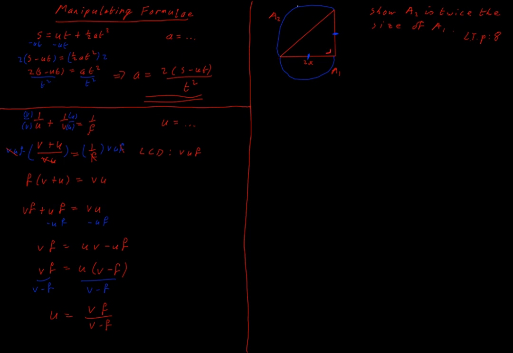We have a semicircle on the hypotenuse of a triangle, and we have a semicircle on the side of a triangle, and we want to show that A2, the area of our semicircle on the hypotenuse, is twice the size of A1, the area of the semicircle on the side of the triangle. And I have a few things that I note here. I have a right angle triangle.